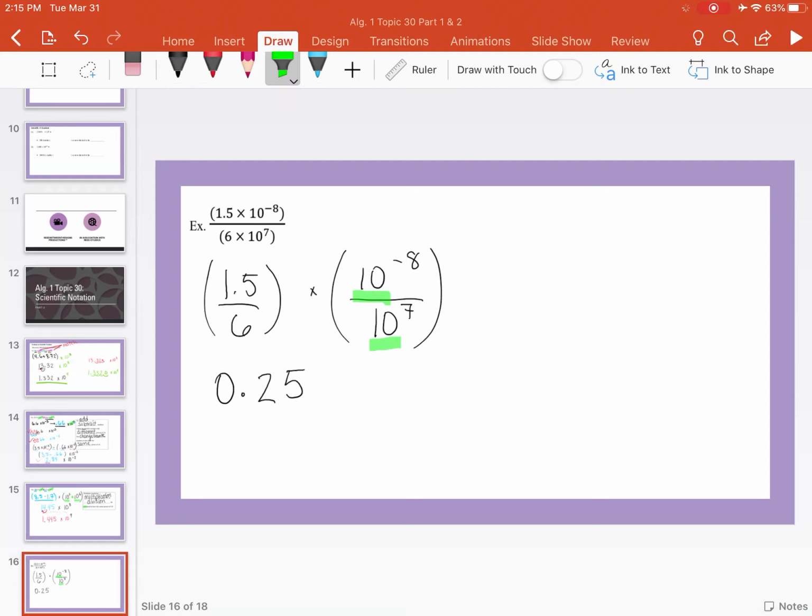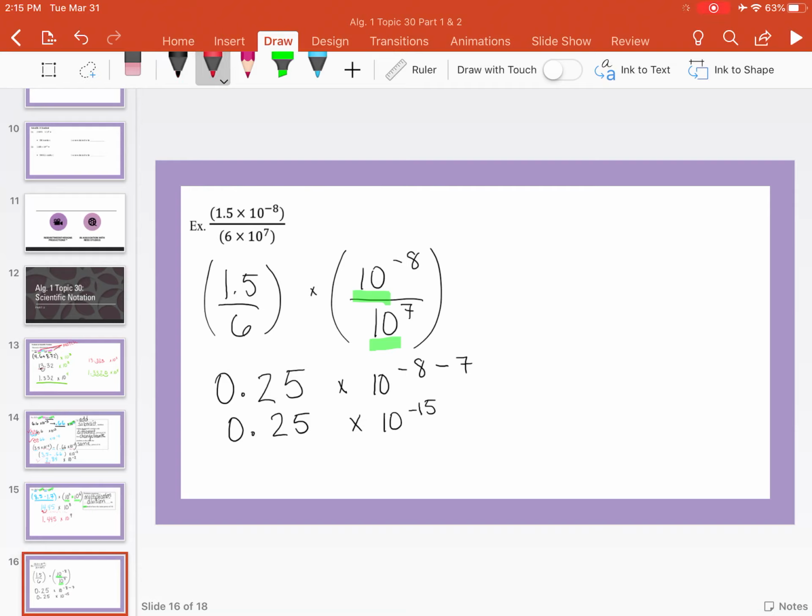Because they have the same bases, what I'm going to do with my exponents is subtract them. So I'll get times 10 to the negative 8 minus 7, which gets me 0.25 times 10 to the negative 15th power.